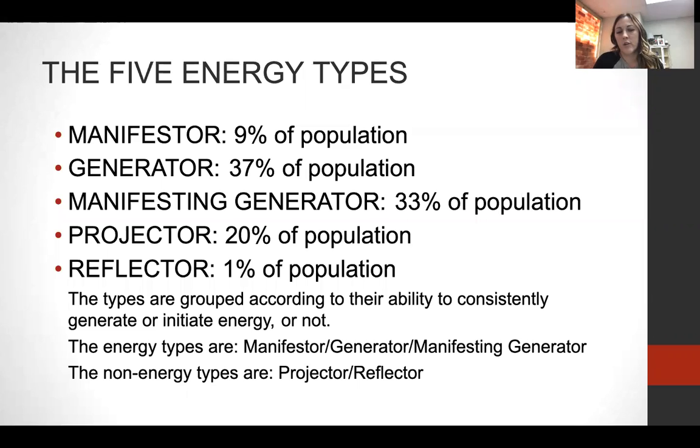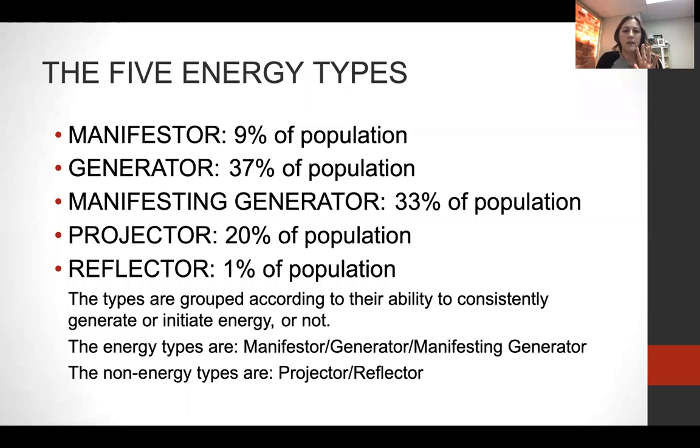The difference between a generator and a manifesting generator is a manifesting generator has a motor to the throat and a generator does not. Both of those together make up almost 70% of the population. The projector is about 20% of the population, and the reflector is about 1%.